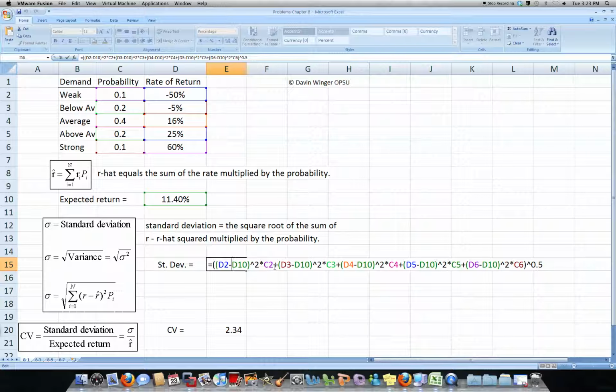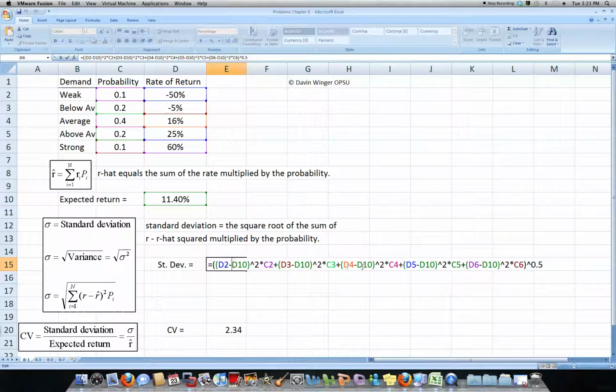Now we add that, that's our sum right here, to the next one, which is D3, the next rate of return, minus our expected rate of return, all to the second power, times our probability, C3, and so on for the rest of these.